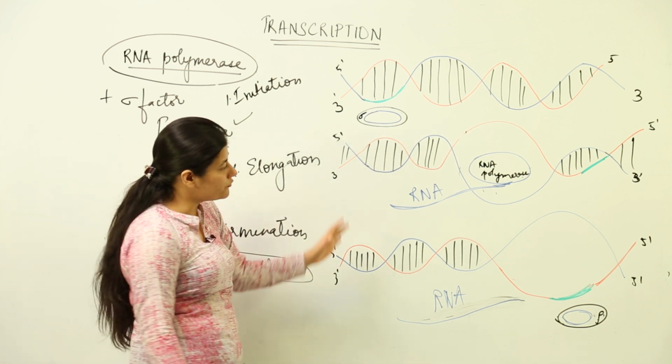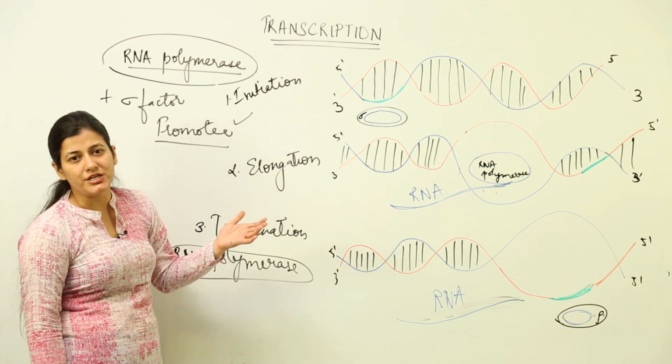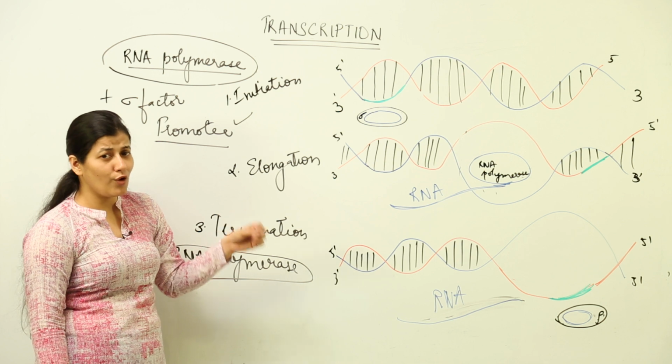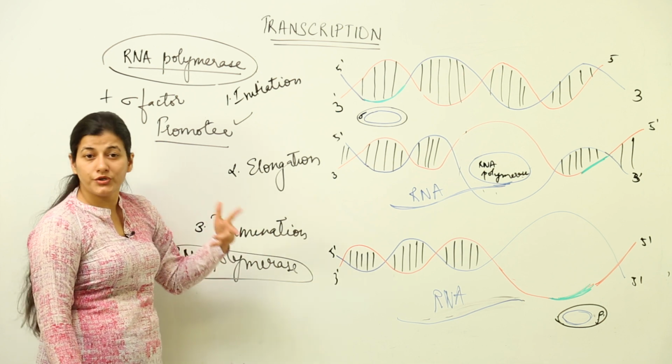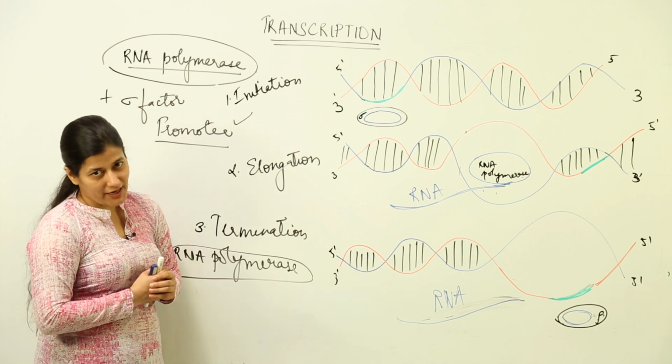So, in the case of prokaryotes, transcription is quite simple. It does not need additional processes like splicing of the introns. Now, two new terms, splicing and introns. What are they? That would be covered in the next lesson.